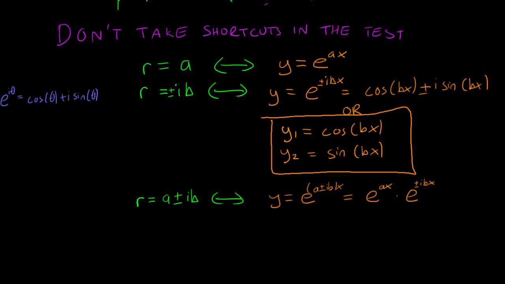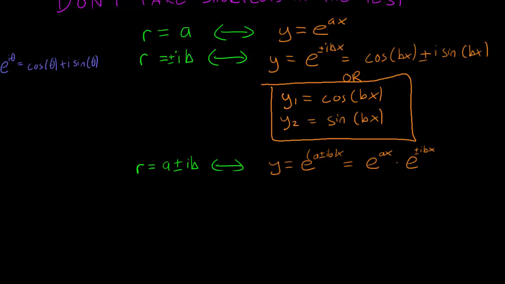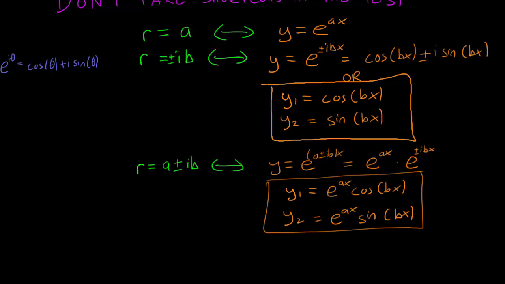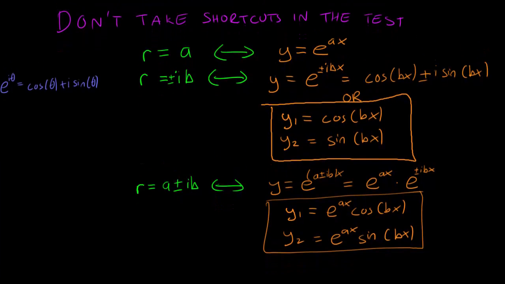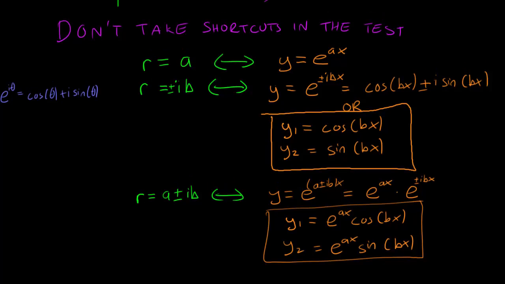And this can be written as e^(ax) times e^(±ibx), based on how exponentials distribute. And this basically gives us the combination of the previous two cases. y1 equals e^(ax) cosine bx, y2 equals e^(ax) sine bx. And this is what solutions the roots correspond to.